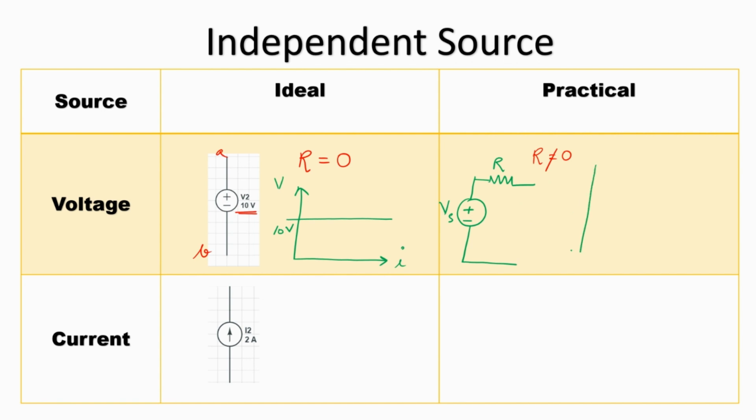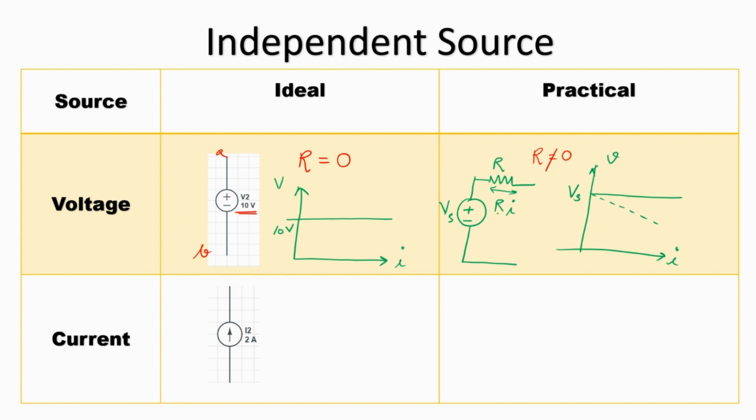So the VI characteristics of the practical voltage source would slightly be different as compared to the ideal voltage source, because there is going to be a slight drop of R into the current I which is flowing. So with the increase in current, there's going to be a drop. So practically this is going to be your voltage characteristics of the practical voltage source.